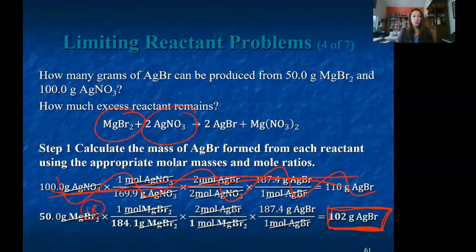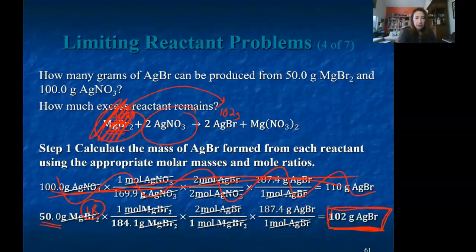That means that we used up all 50 grams of MgBr2, and 50 grams of this made 102 grams of this. After we used our 50 grams, we didn't have any left. So the maximum we could make was 102 grams.